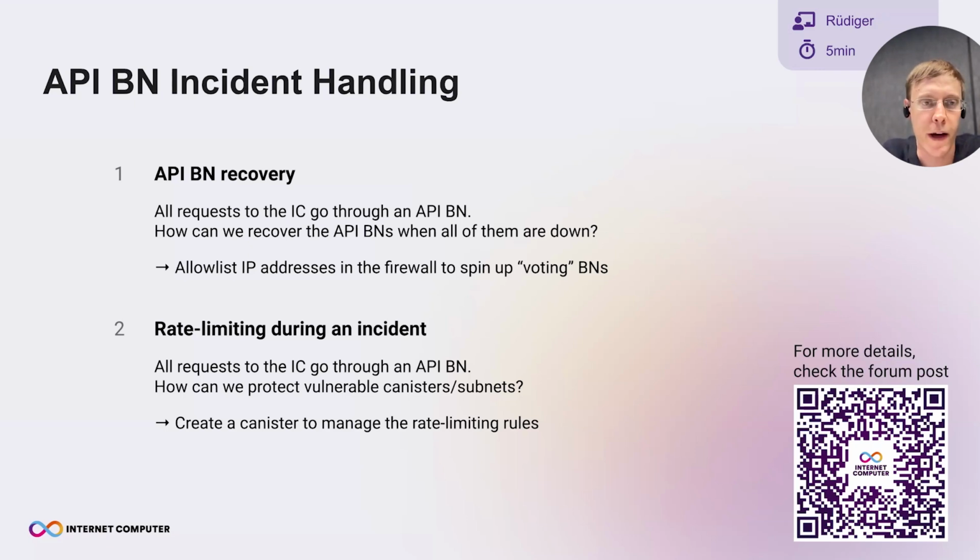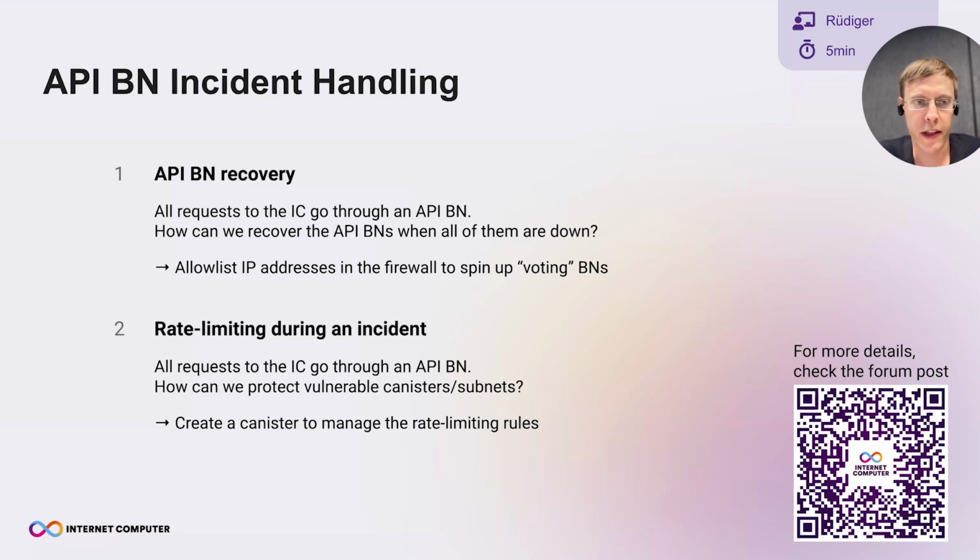When we talk about incidents from the perspective of the API boundary nodes, we have two situations. One, when the API boundary nodes go down, and the other situation is when another component of the IC is affected and the API boundary nodes can step in and help mitigate the issue or help resolve the incident.